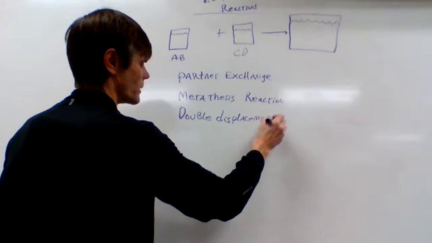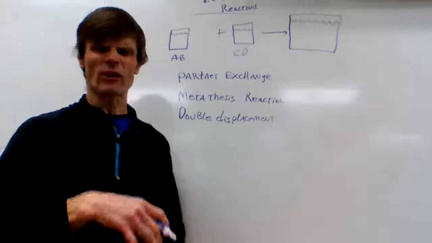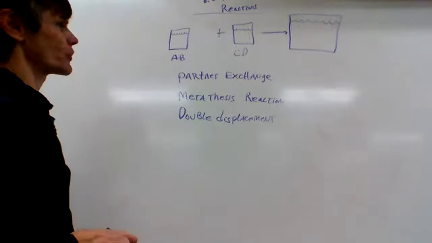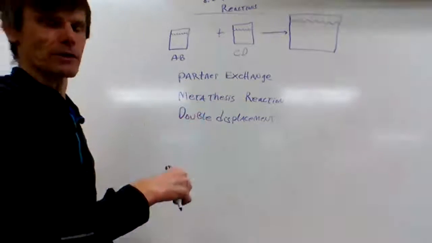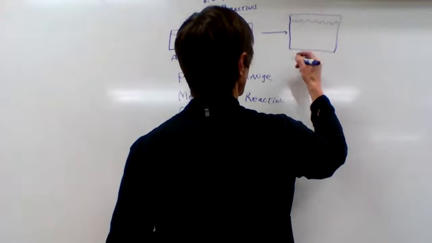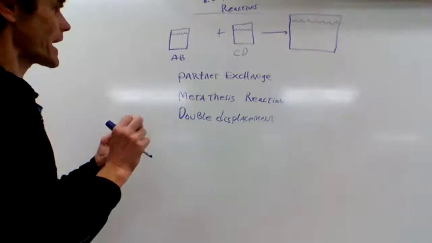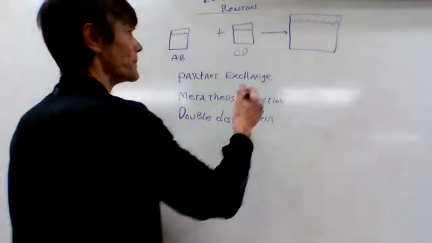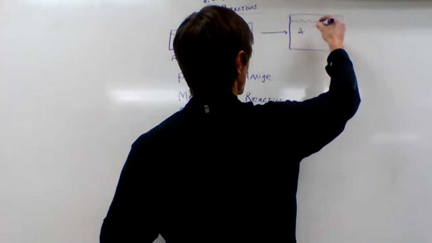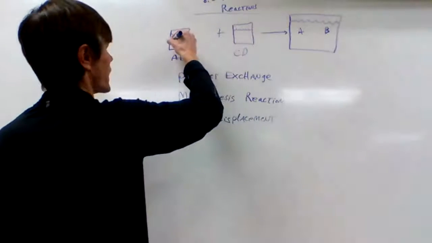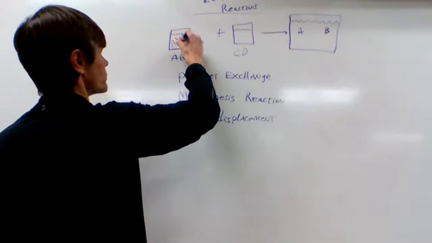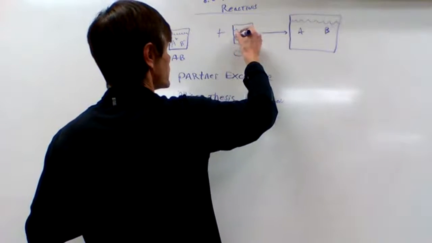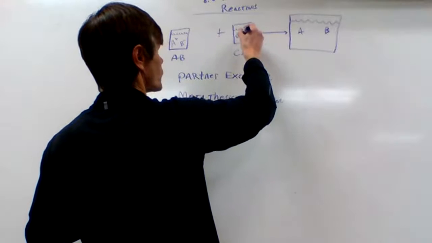So I am drawing a picture, then we'll do a demo, just so you get more out of it. Let's think about partner exchange. We combine these two beakers and put them into this environment. If we put A and B into an environment and break them up into A and B ions, they're completely soluble, and C and D is completely soluble also.